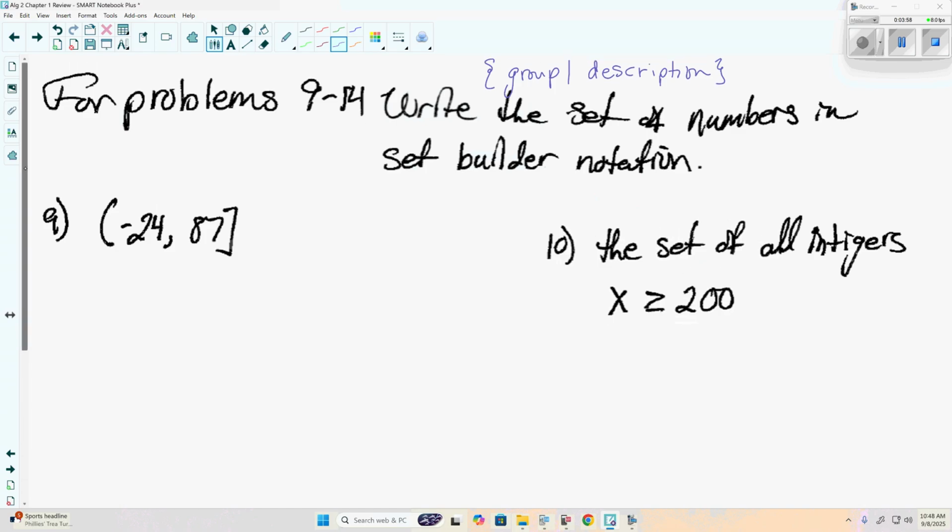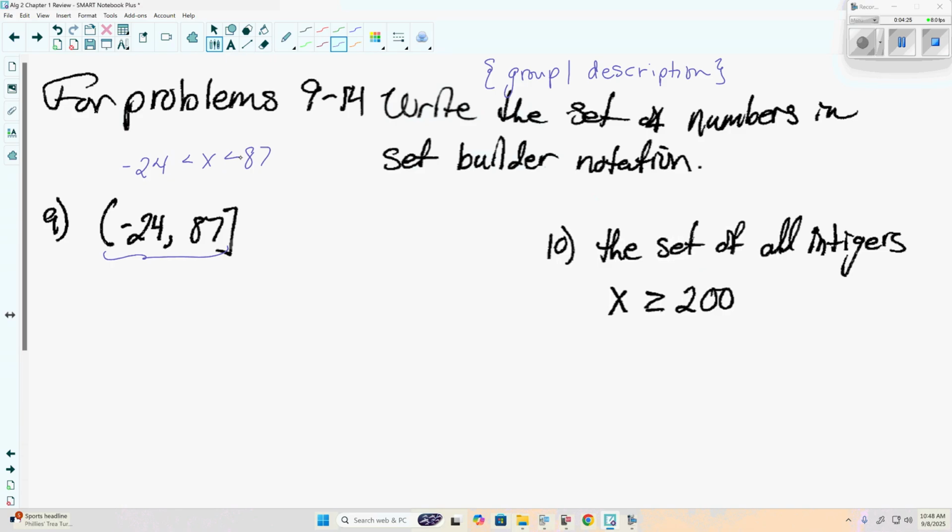If it gives us an interval, we've got to change it to an inequality. So if we look at number 9, parenthesis negative 24, comma 87 bracket. This is a bounded interval with our endpoints at negative 24 and 87. With our bounded interval, we'll have x in the middle, so negative 24 is less than x is less than 87.